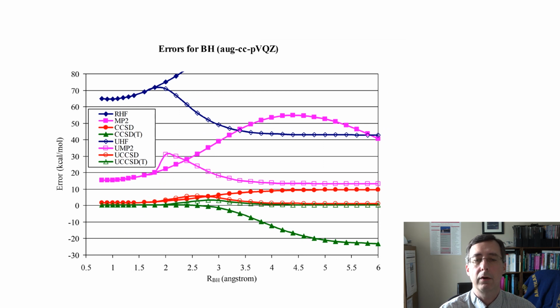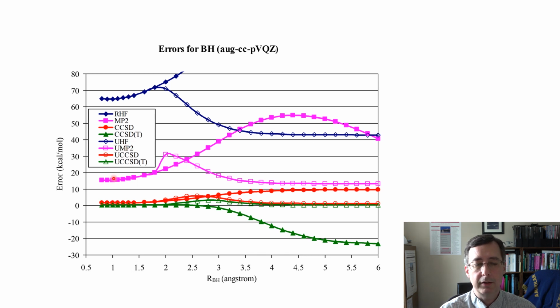So now I'm plotting errors for restricted curves in solid symbols and unrestricted curves in open symbols. And you can see that in general, the unrestricted curves have problems in the intermediate region. So MP2 goes a little crazy in the intermediate region here, and it has a constant error of about 15 kcal here and constant error of about 12 kcal here, and it spikes up in between.